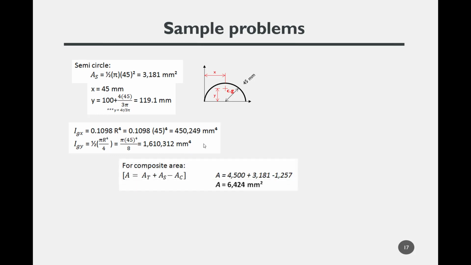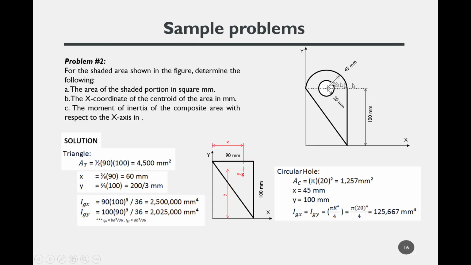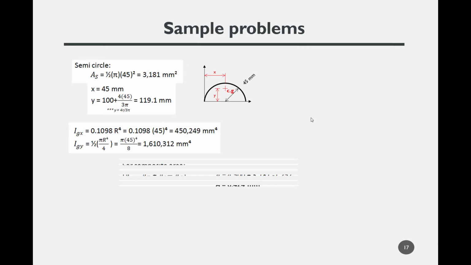For the unit yun. So, makita natin dito, area total or area T plus AS minus AC. So, pag chinek natin yun kanina, pag kinuha ito area, pwede mo i-diretso dito, minus mo nga lang 'to, para makuha yung area.